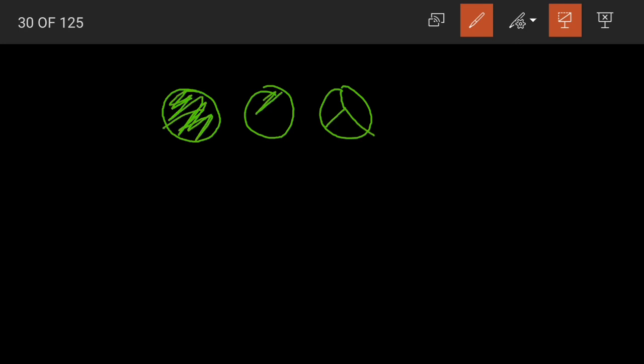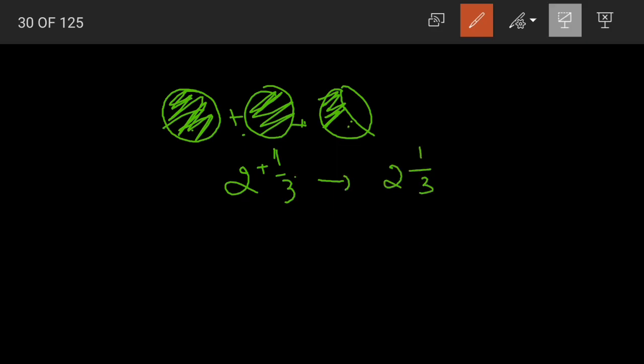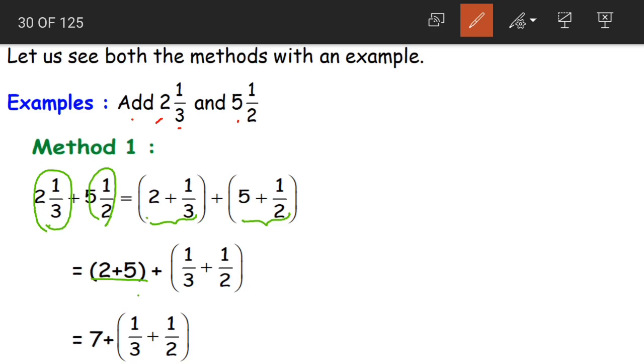These are two fully shaded circles, and then the third one is only shaded 1 by 3. So 1 plus 1 is 2, and then we have 2 plus 1 by 3, that is nothing but 2 1 by 3.